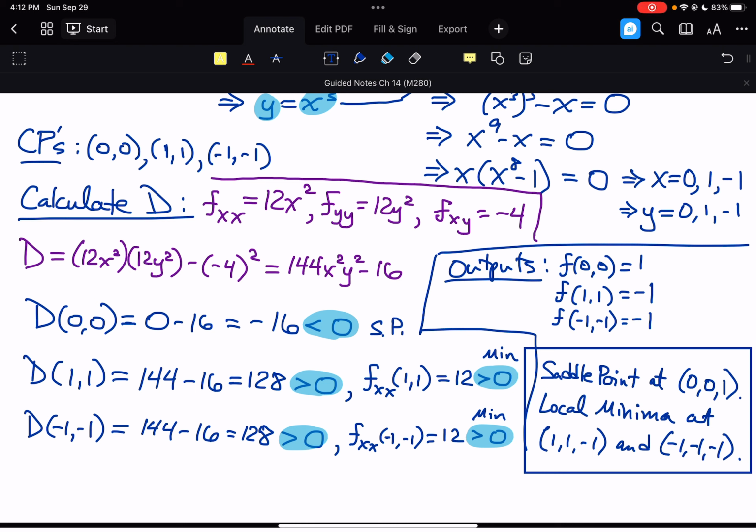And then no local maxima for this one. So we have 1 saddle point and 2 local mins on this function.